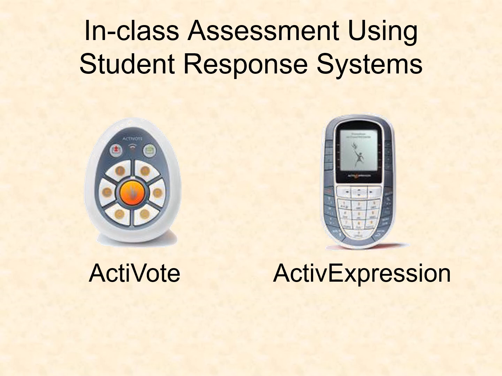If a school is opting to purchase hardware such as the Promethean board for use with ActiveInspire software, teachers may have the option to use student response systems. That would mean hardware such as the ActiveVote, which is a simple piece of hardware for ABCD, true and false types of responses, or the ActiveExpression.